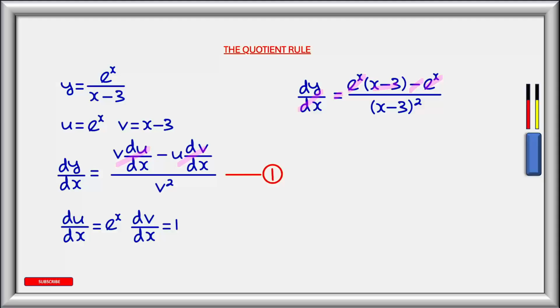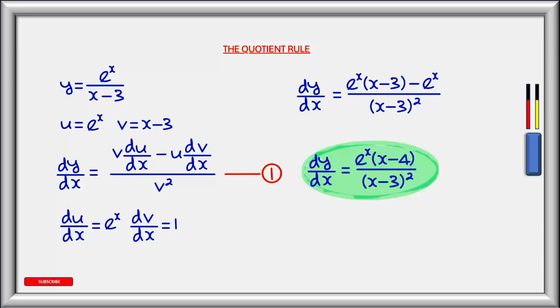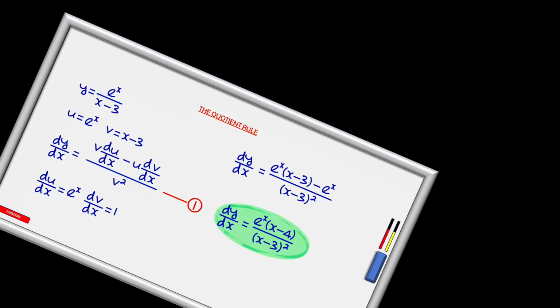And this is all divided by v squared, which equals x minus 3 all squared. And simplifying this expression gives us our final result, where dy by dx is equal to e to the power of x into the bracket of x minus 4 divided by x minus 3 all squared.